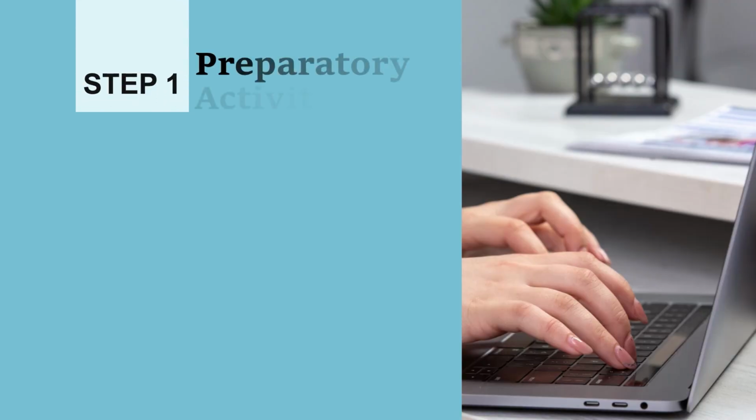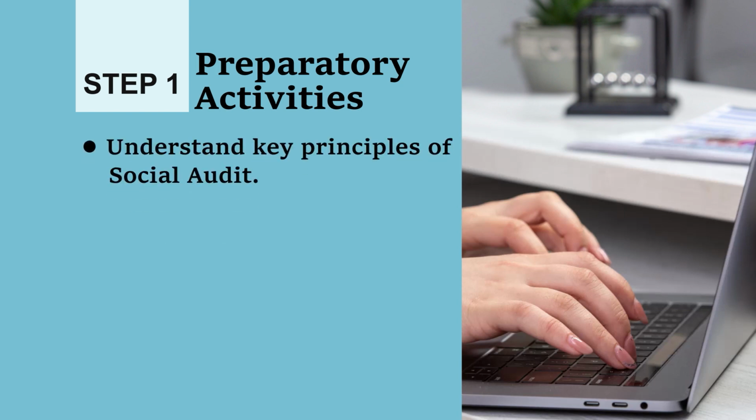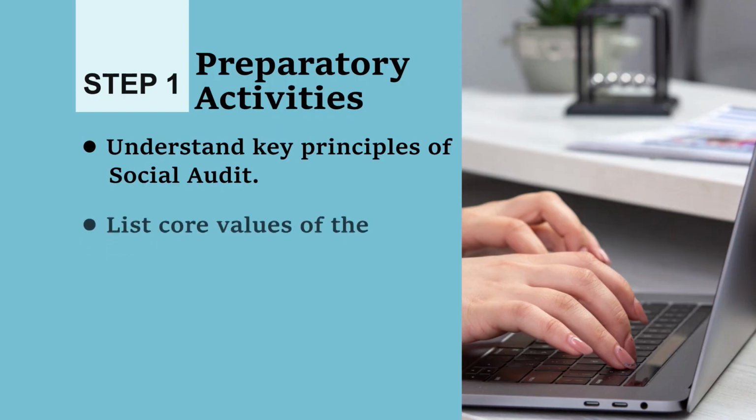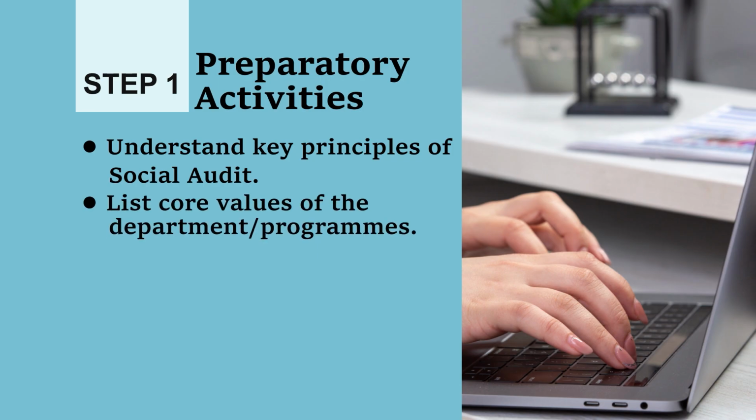Step 1 is the preparatory activities. In this step, one must understand the key principles of social audit. Before you get into the process of doing social audit, first one must understand the key principles of social audit and list the core values of the department and programs.